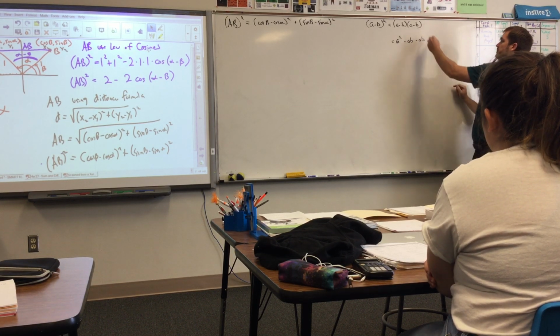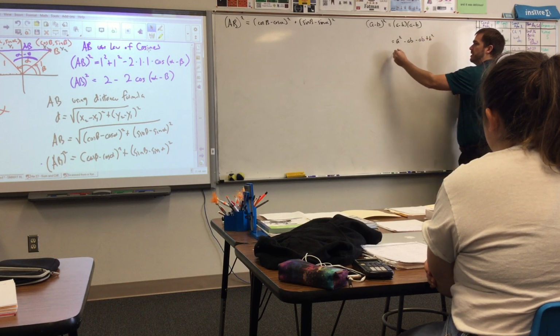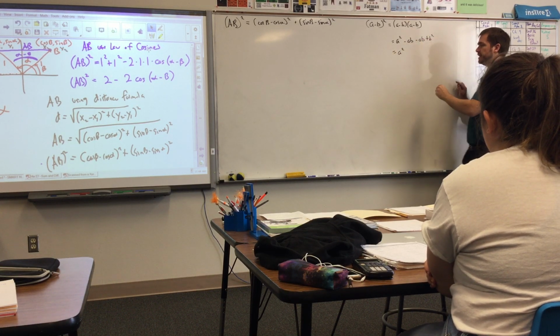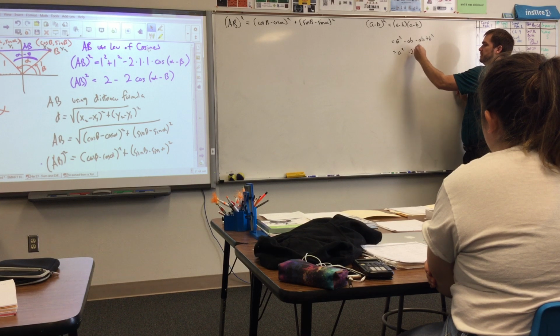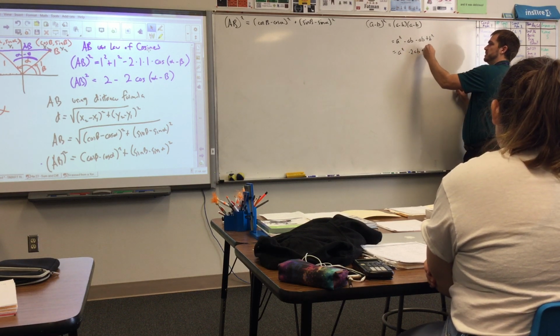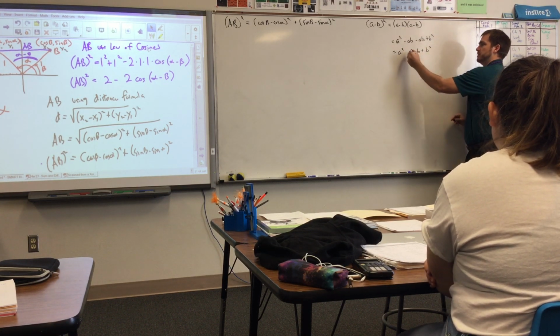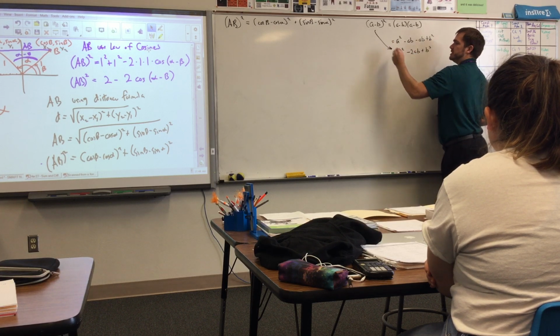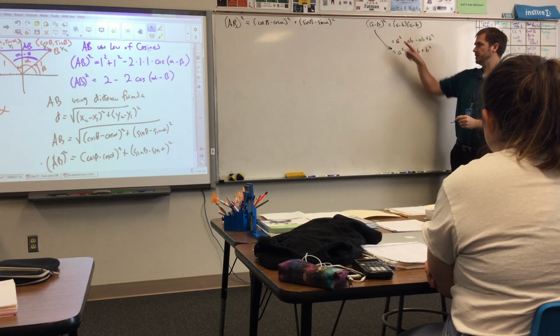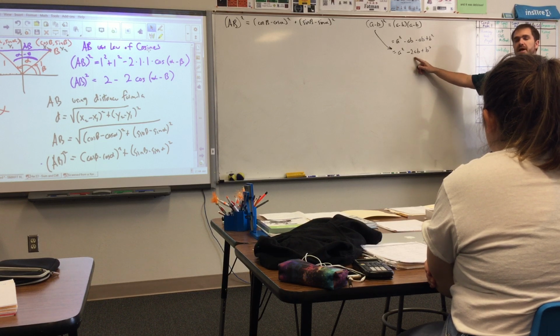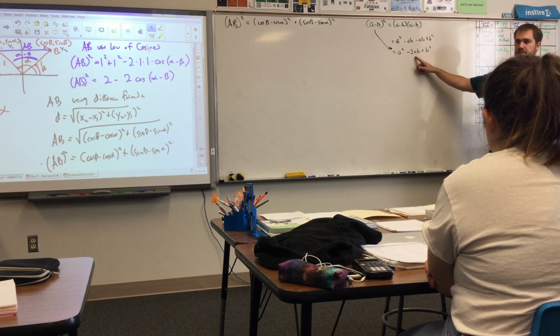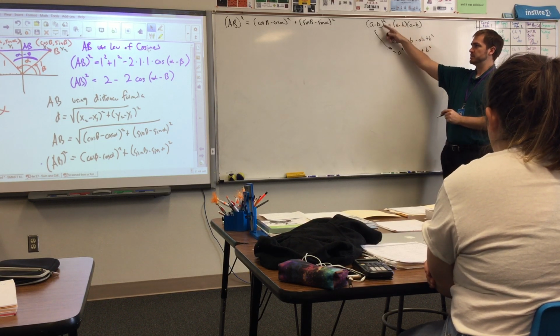Plus B squared. So it's A squared minus 2AB plus B squared. Alright, so I am going to jump from here to here from now on because I am expecting you to know the square of a difference.